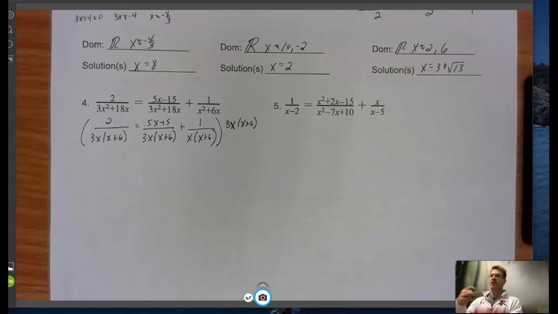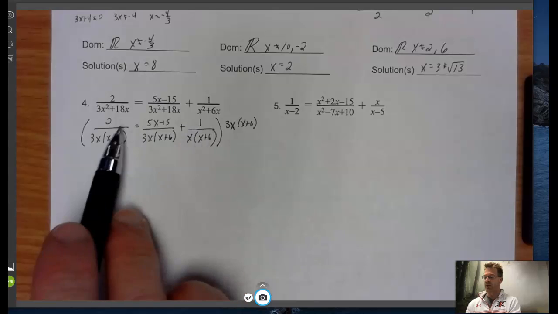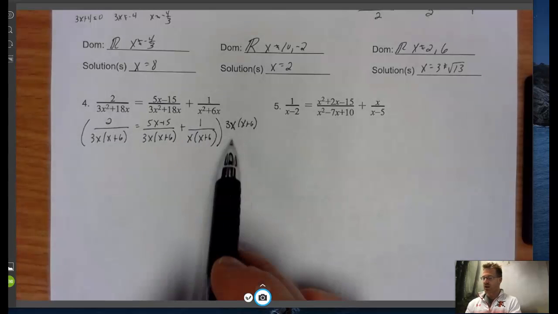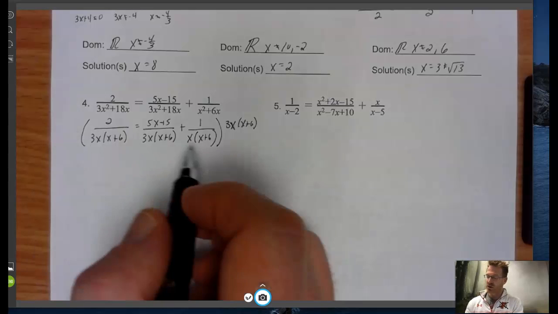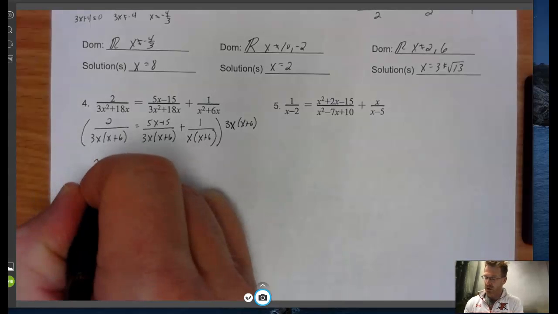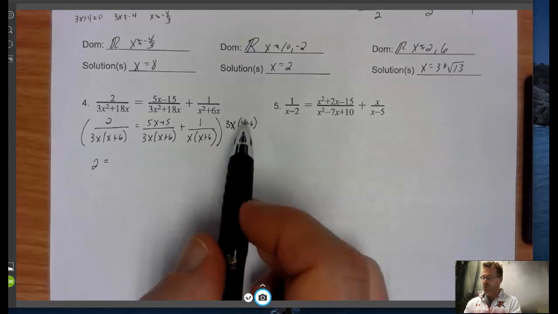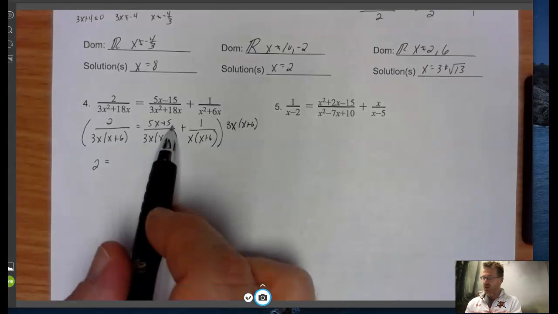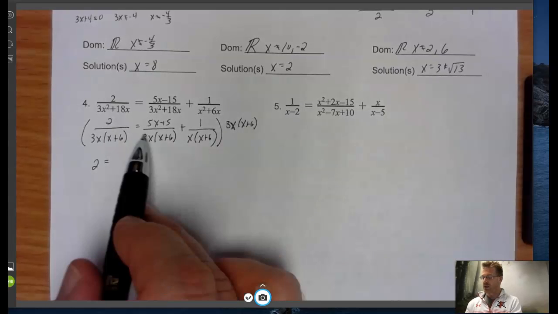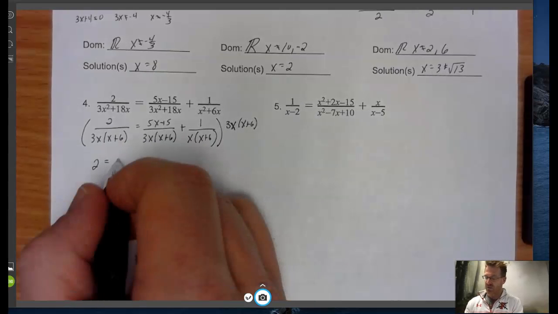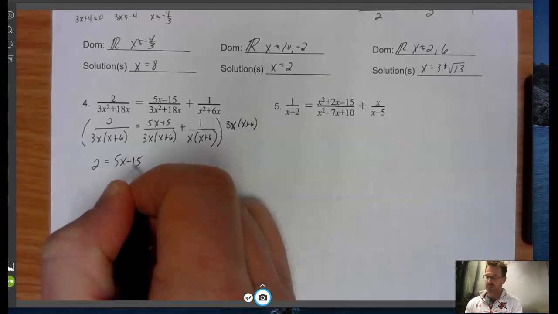Now, the process doesn't change, it just becomes a little bit more complex because I have to multiply that times all three terms. If I distribute this times the fraction on the left, everything's going to divide out to be 1 and leave me the 2. When I distribute this times this fraction, once again, all of this is going to divide to be 1, leaving me 5x minus 15.